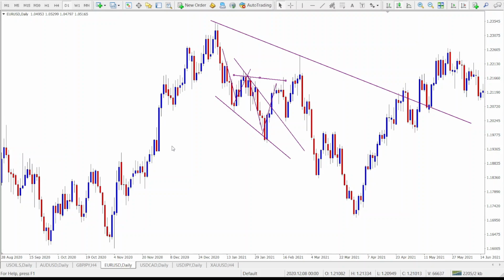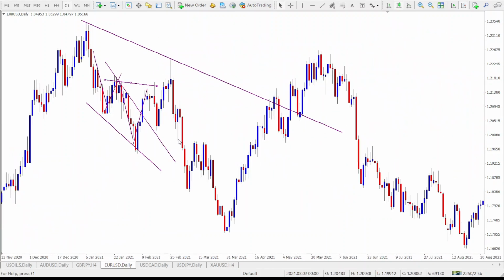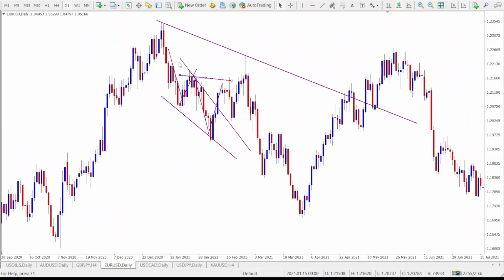Then you can also decide to use technical indicators like RSI or MACD to check for divergence, right? The reason is that when a divergence signals, it shows that there is a potential reversal about to happen.